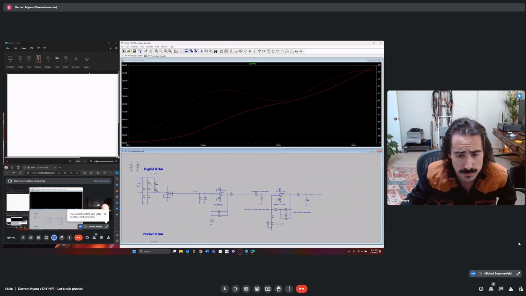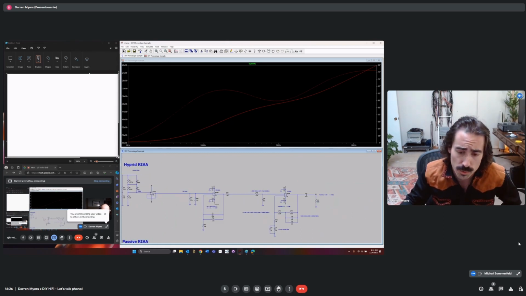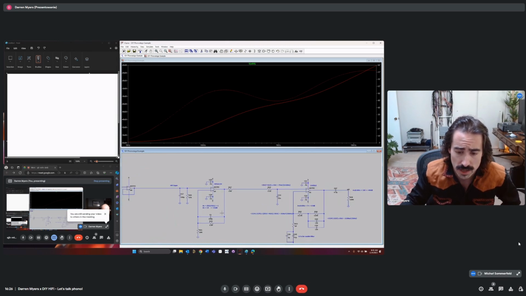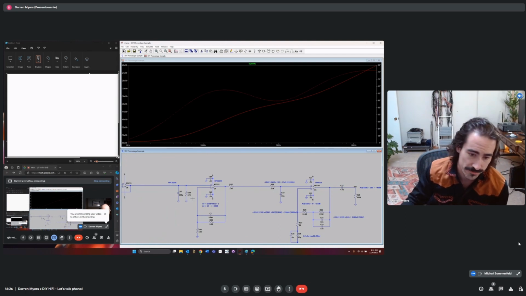So looking at the input here, we need to work on our first stage. In our first stage, you'll notice that we have our loading components.